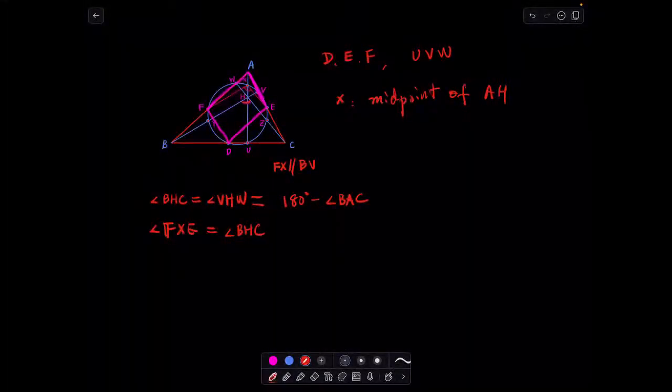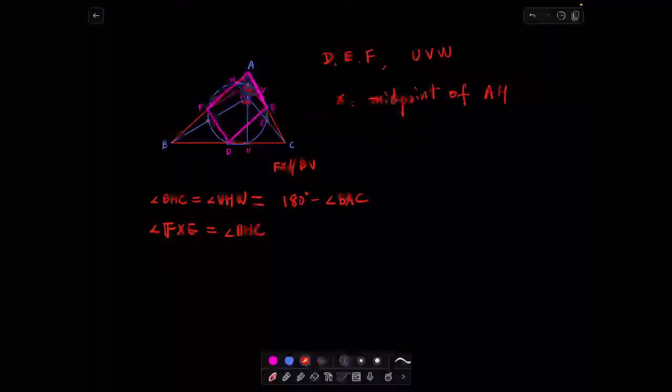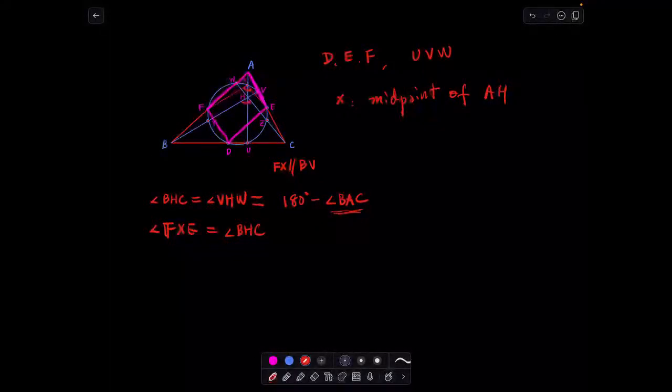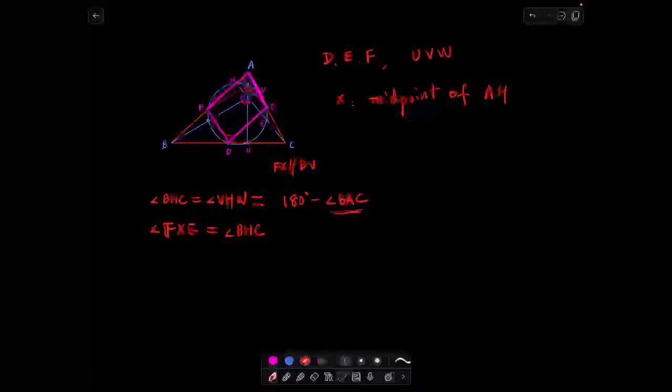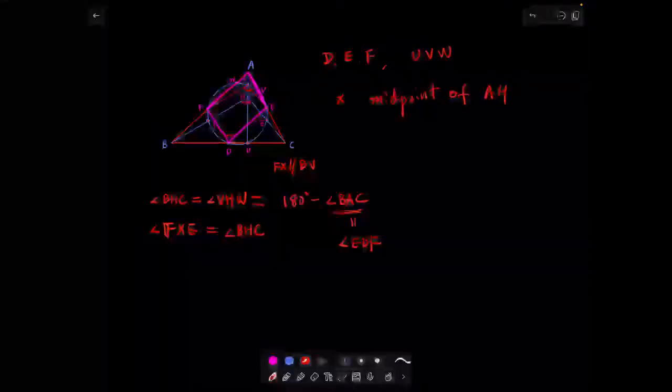It is equal to this one. And BHC, we know that is 180 degrees minus angle A. And angle A, of course, the BAC, would equal this angle, right? This is a parallelogram, right? So this one equals angle EDF, and equals 180 degrees minus this.